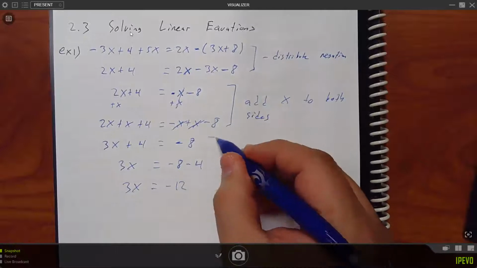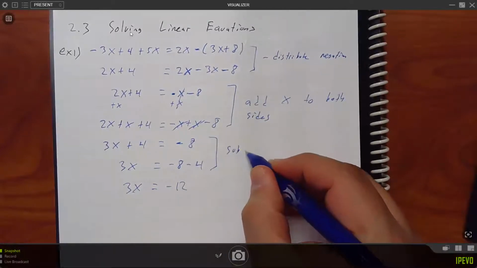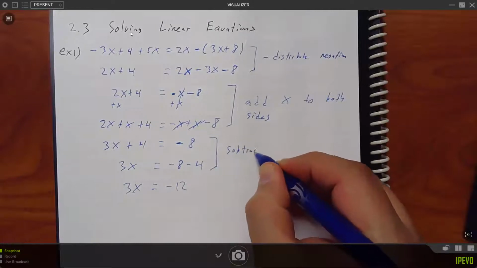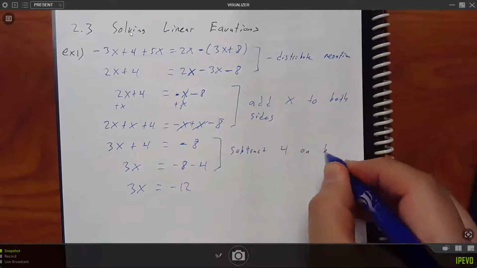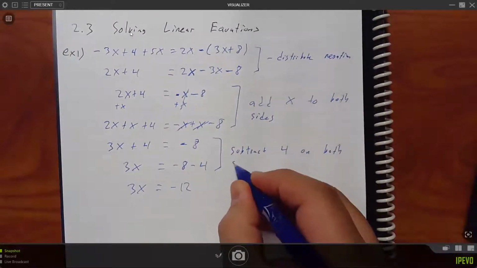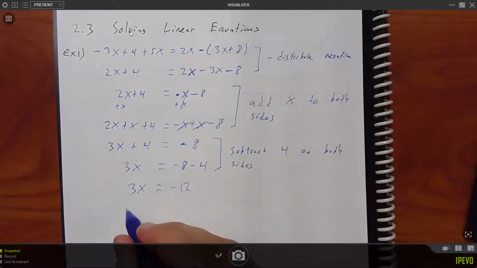So from here to here, technically the math operation is subtract 4 on both sides. So the final step, what do we do?